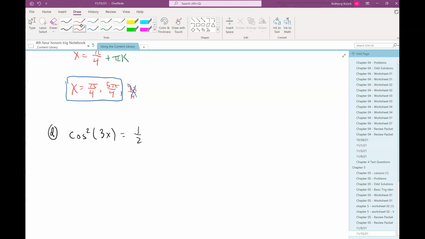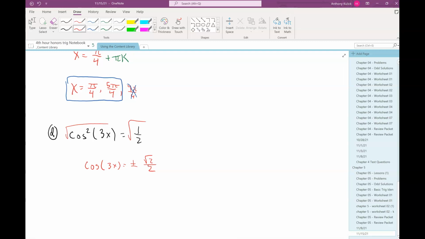Okay, what do you want to do to start this one? Square root both sides. I like that. So that's going to give me cosine of 3x equals plus or minus. What's the square root of 1/2? How about root 2/2?